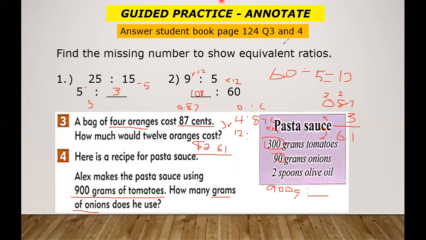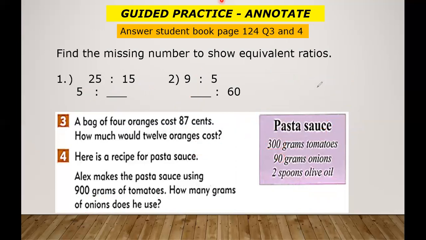Okay, let's erase this first. I hope you have already. I want to answer it here because there's no space. Let's use the ingredients. In every 300 grams of tomatoes, there are 90 grams of onion.